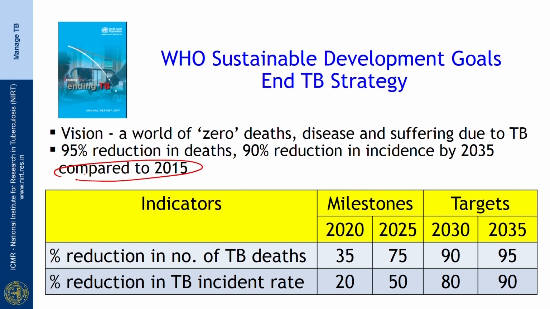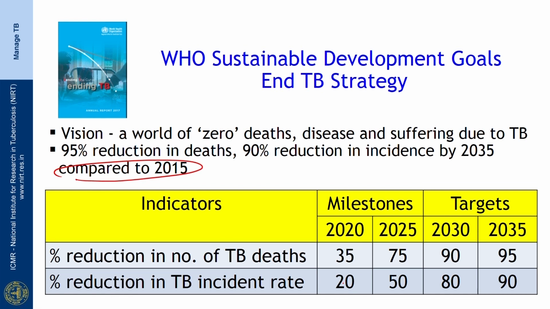If you want to achieve a 95% reduction in TB deaths by 2035, you need to reach targets of 35, 75 and 90 over 2020, 2025 and 2030. Similarly, to reach a 90% reduction in TB incidence, we need to have targets every 5 years.